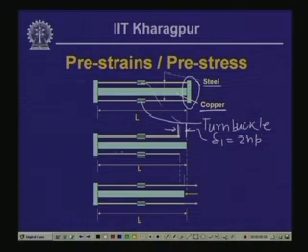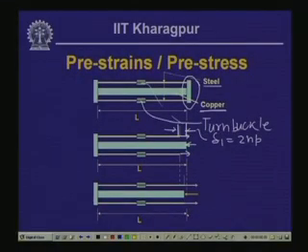Now, this is the original position of the central copper bar. If we look for a system wherein we pull the steel wire to a position and compress the central copper to a position where they come to a common position, then the steel wire will be extended because of the pull, and because of the compressive force the copper bar will be compressed.